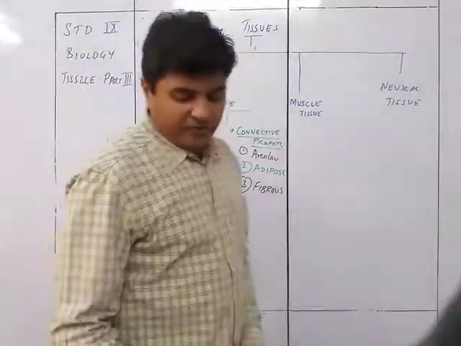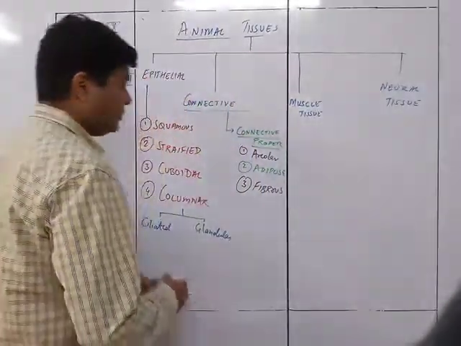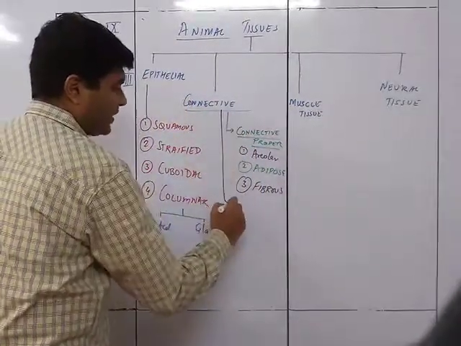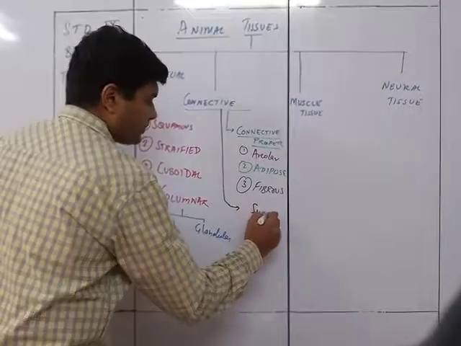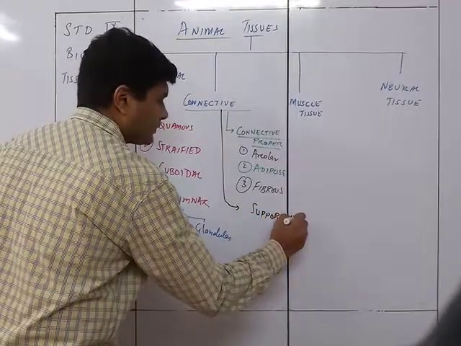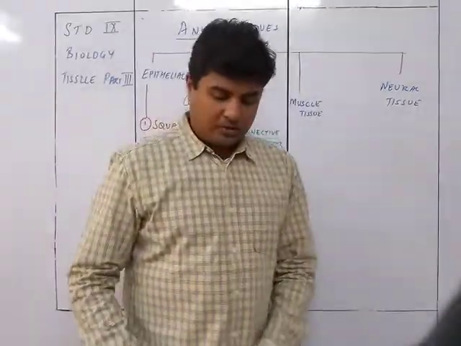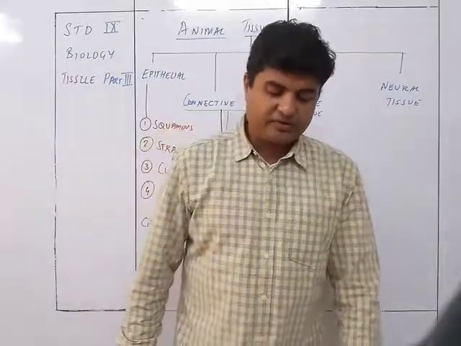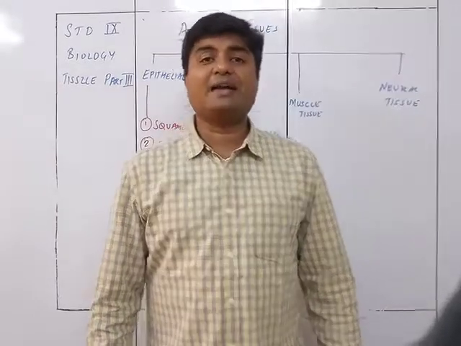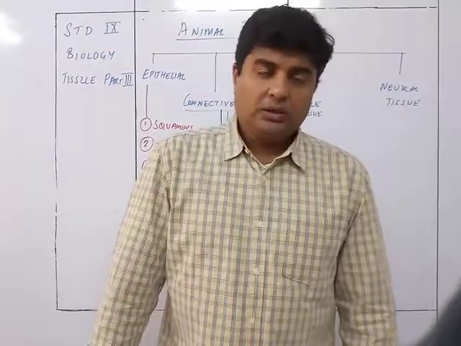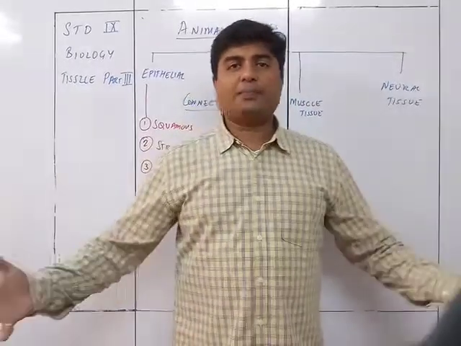The next kind of connective tissue is supportive. Supportive tissue gives support, and that is cartilage and bones. Your whole body is supported by the bones.